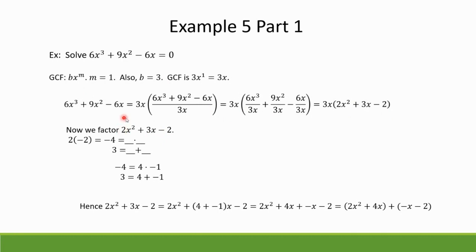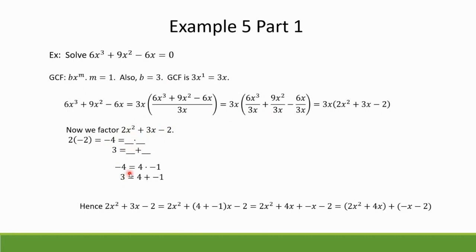Remember you have a times c, which is 2 times negative 2, which in this case is negative 4. So we need two numbers whose product is negative 4 and the sum is 3. So the product is negative 4 and the sum is 3. Okay, so what numbers do that?